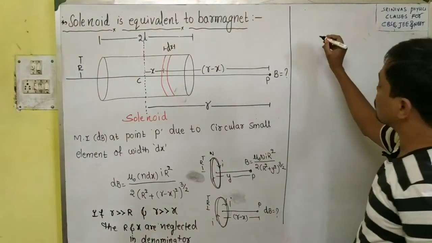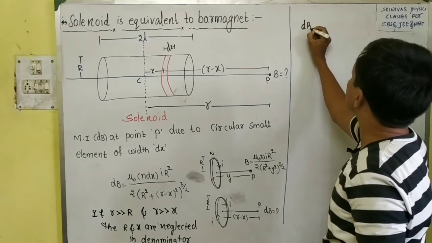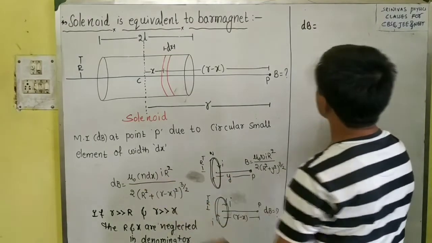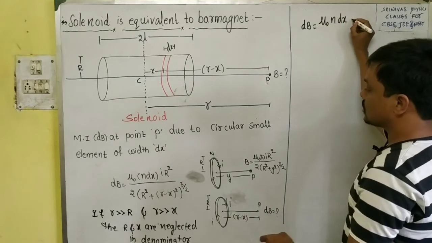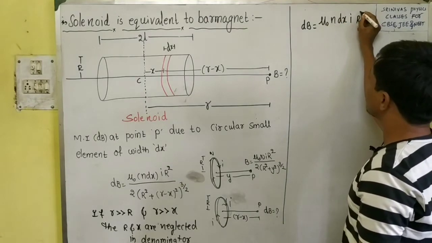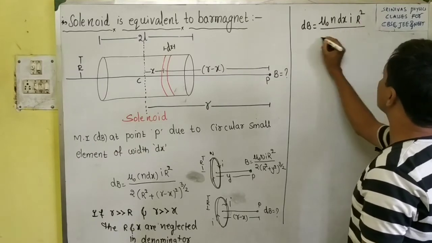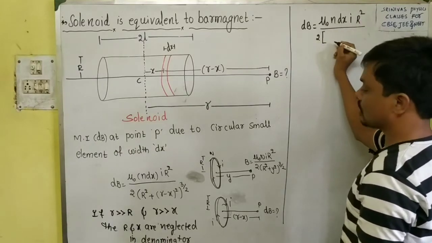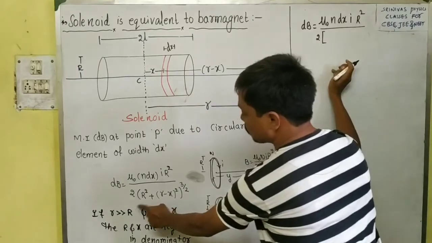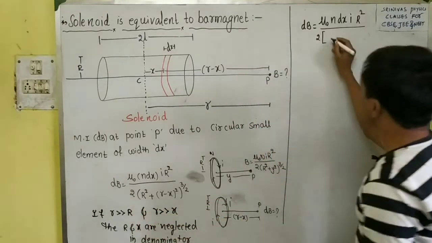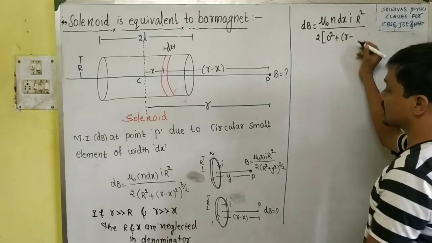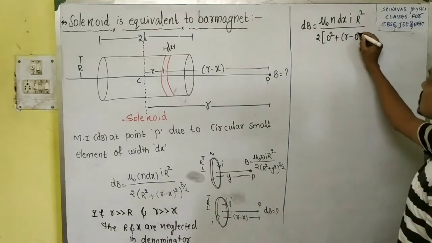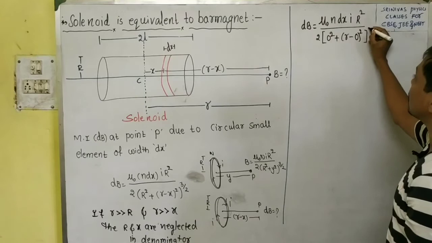Let us see the continuation. dB is equal to mu naught n dx into I r square by 2 of capital R we write 0 because capital R is small, 0 square plus small r minus x also we write 0, 0 whole square whole power 3 by 2.